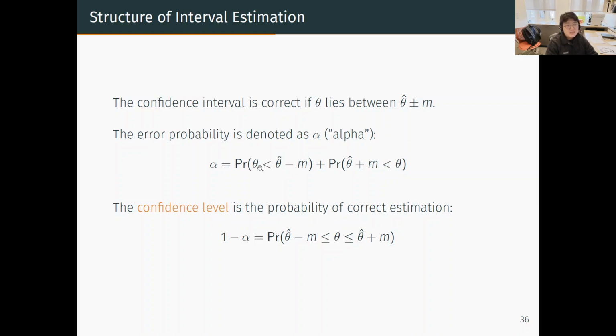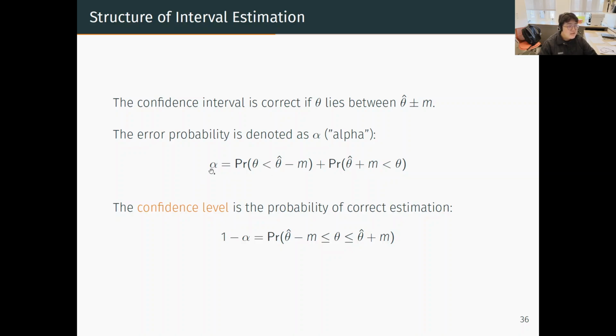If the true parameter is even lower than the lower confidence limit, then it is wrong. Your interval is overestimating the parameter. On the other side, the true parameter can be greater than the upper confidence limit, which means your interval is underestimating the true parameter. So both are wrong. The total error probability is the overestimation plus underestimation probabilities.